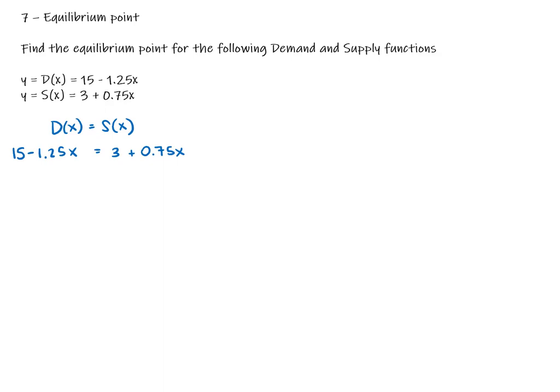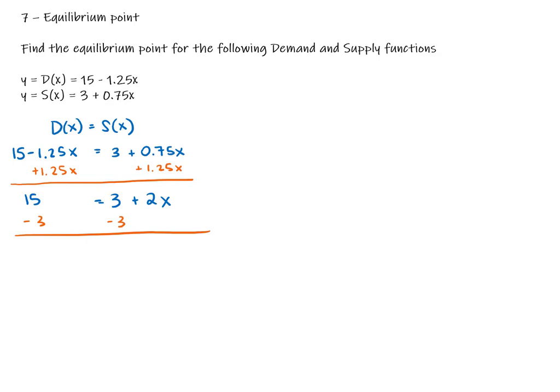Let's go ahead and solve for x. I get 15 is equal to 3 plus 2x. Subtracting 3 from both sides gives me 12 is equal to 2x. And then dividing by 2 gives me x is equal to 6.